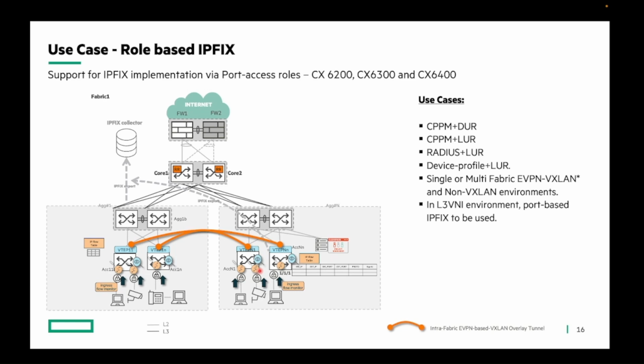Now, in an L3 VNI environment, we need to understand that we can use port-based IPFIX today, not role-based IPFIX. Okay, we'll talk about that. So that's why L3 VNI is mutually exclusive with role-based IPFIX. For ingress IPFIX monitoring done after VXLAN decapsulation, IPFIX statistics are related to the overlay, right?